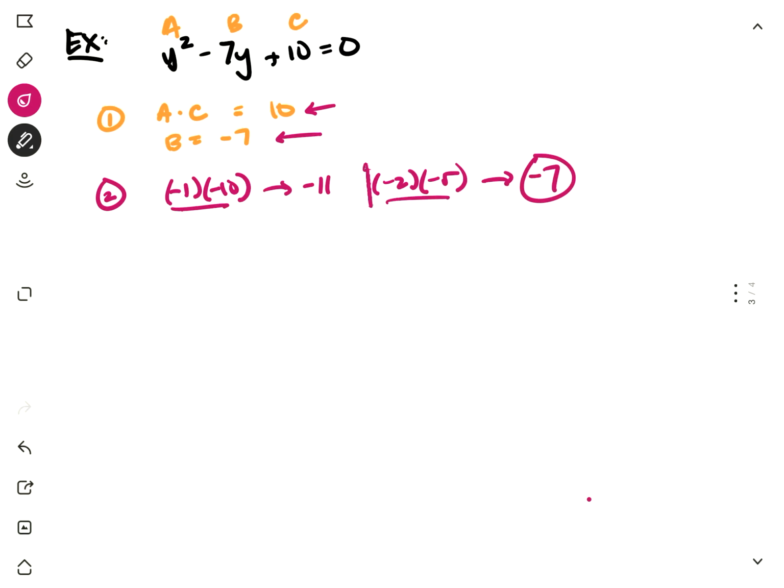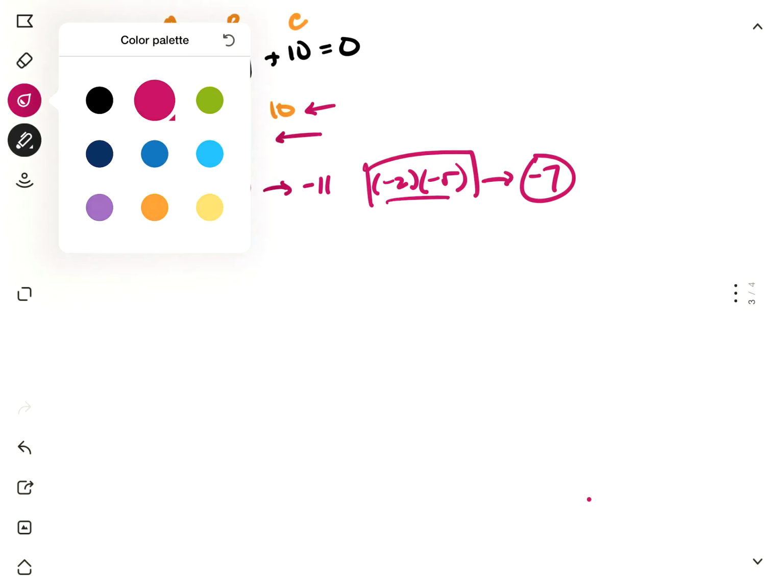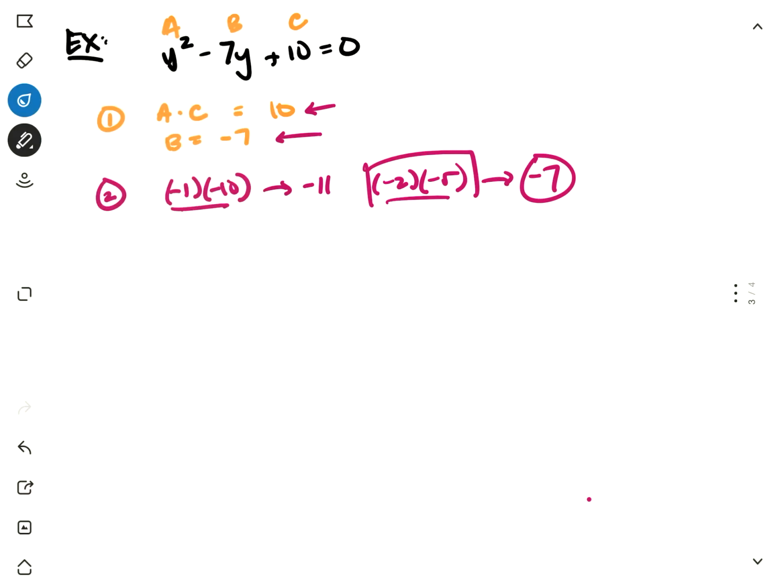So yeah, we identified our negative 2 and negative 5. At this point, we're going to go ahead and write it in parentheses. So we have x minus 2 because of the negative 2, x minus 5, and then equals 0.